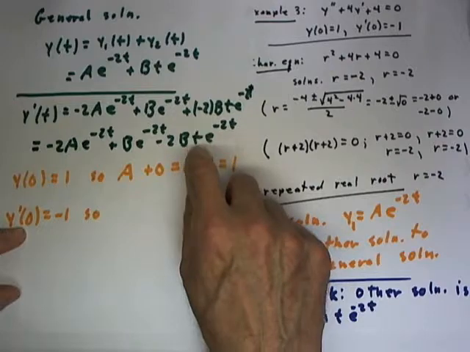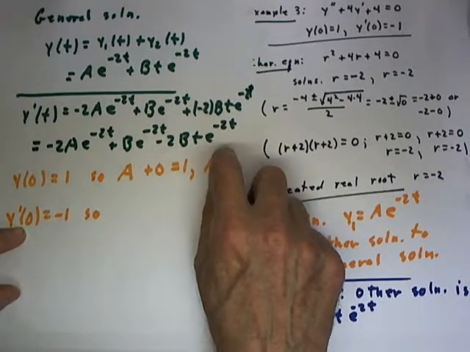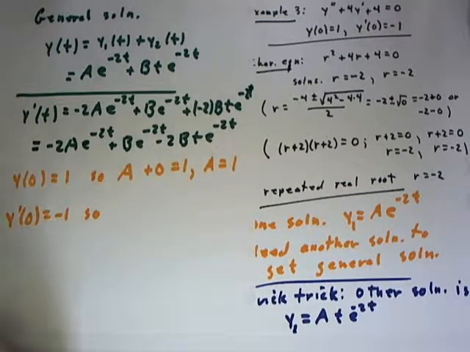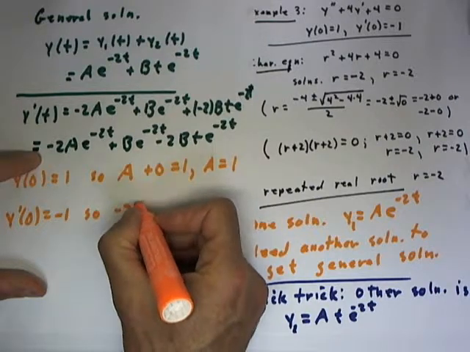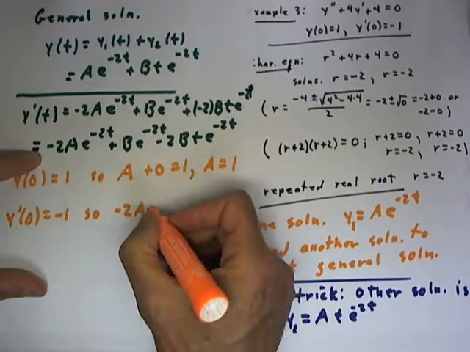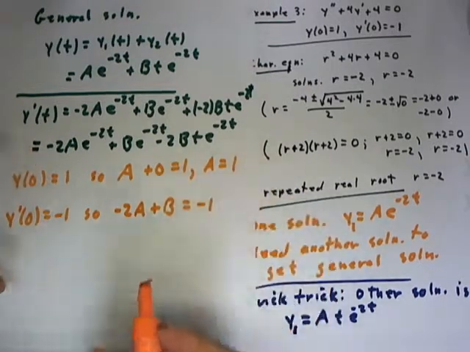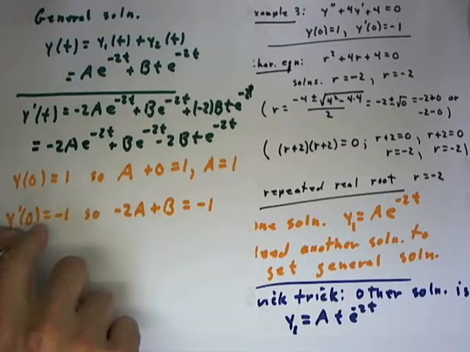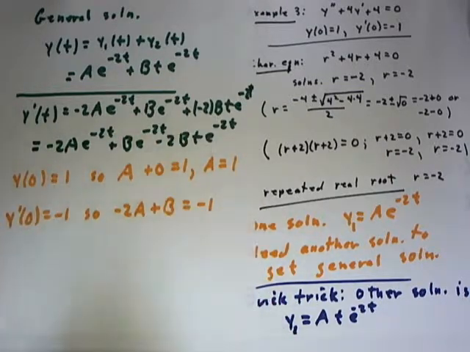This term is going to be 0 because 0 substituted for t gives us 0 in this term. So we're only left with these two terms, and we pretty easily see that the equation we get is negative 2a plus b equals negative 1. Y prime of 0 is negative 2a plus b, just substituting 0 for all the t's, and that's equal to negative 1.